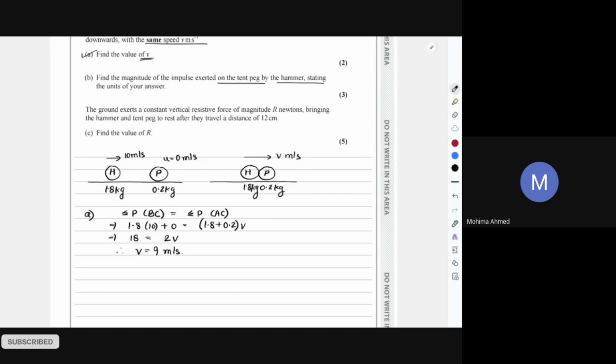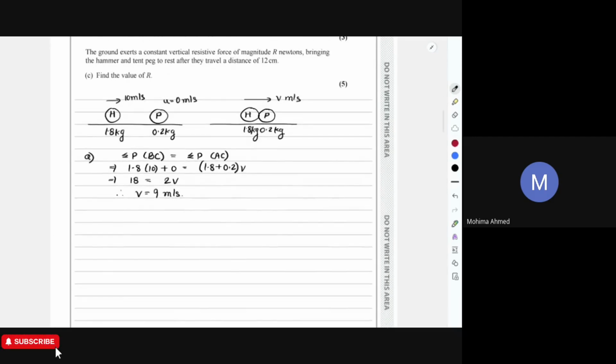Initially the peg was not moving at all, and after the collision, the peg started to move with a velocity of 9 meters per second, multiplied with the mass, obviously. So that will give you the value for your change in momentum. So for part B, impulse on peg means that you are supposed to use the information of the peg for this calculation. The general formula is mv minus mu.